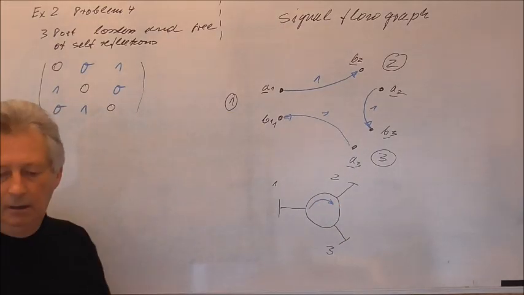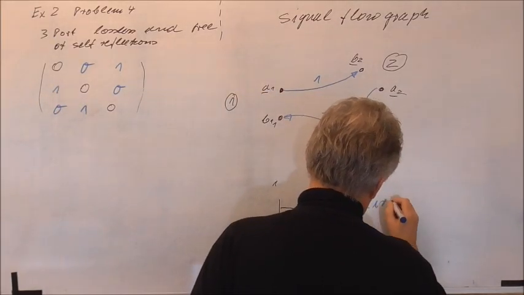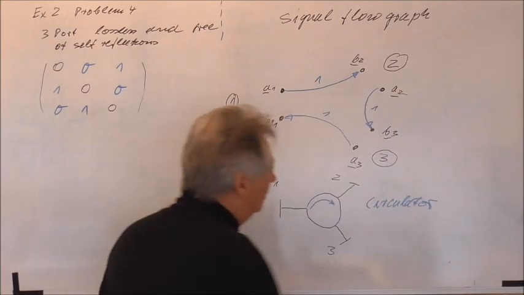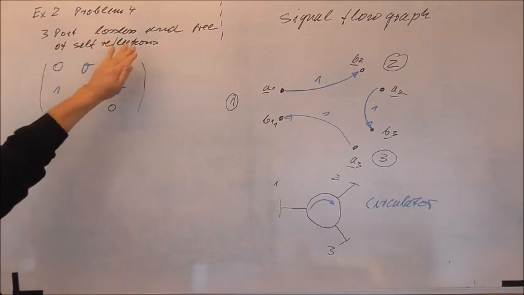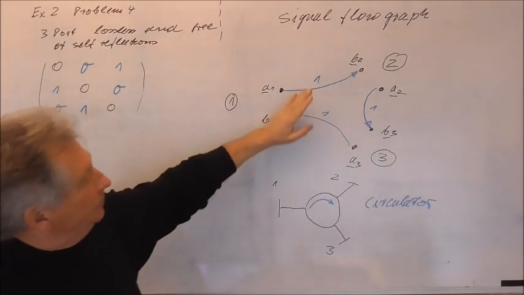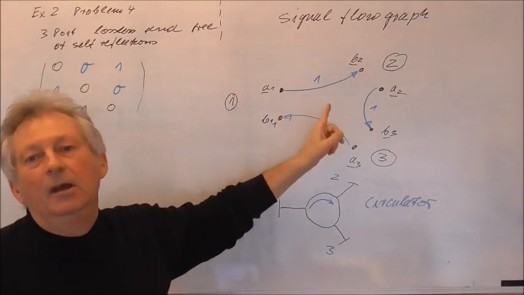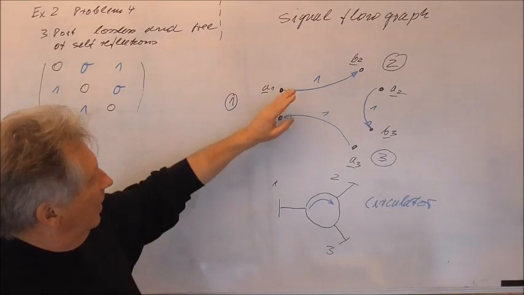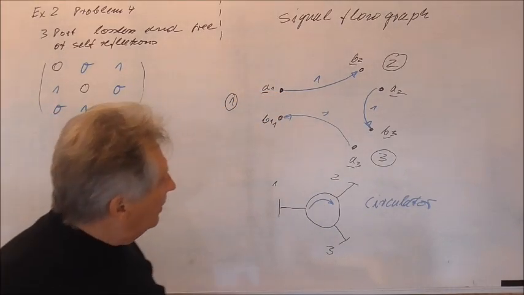And this device is called a circulator. So if I have a lossless 3-port which is free of self-reflection, you in principle end up in a so-called circulator. Of course, this is the ideal case of a circulator. In reality, a circulator will introduce a certain phase shift.